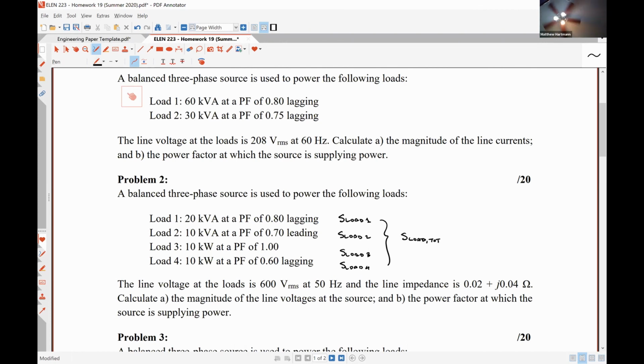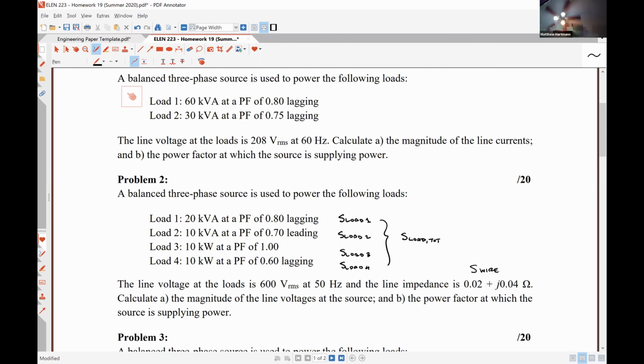We can use that information to get the magnitude of our line currents, which we're not specifically asked for. However, if we know the magnitude of our line currents, then we can determine S wire, which is going to be necessary.